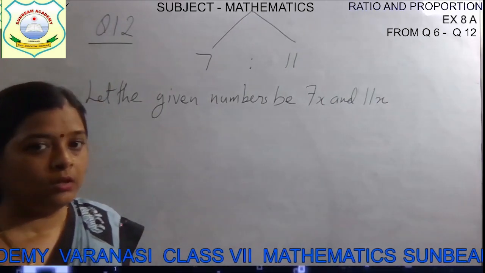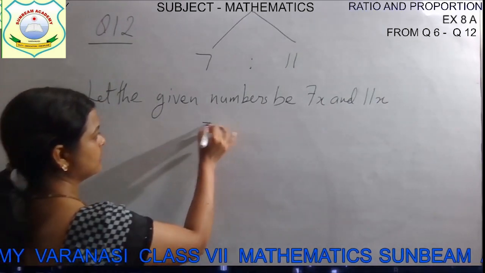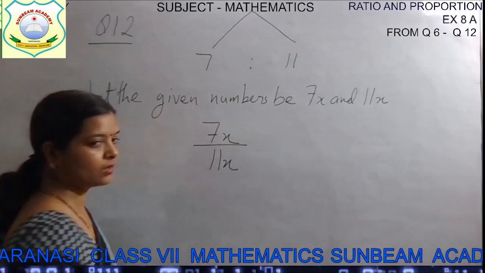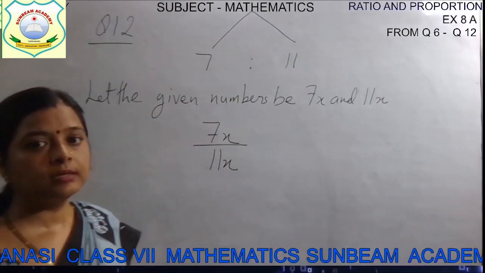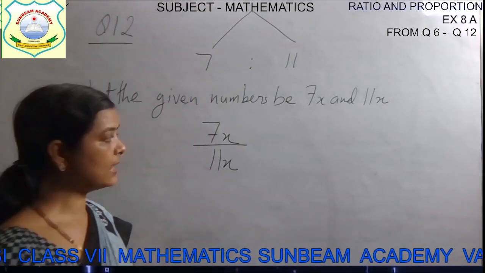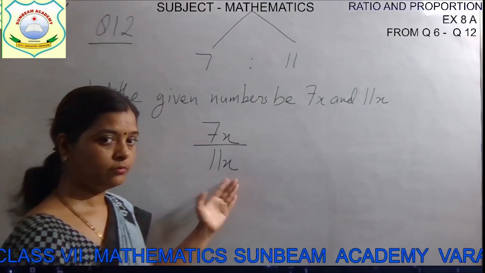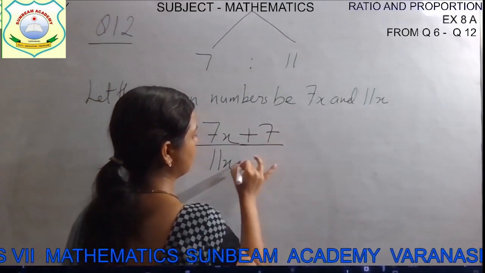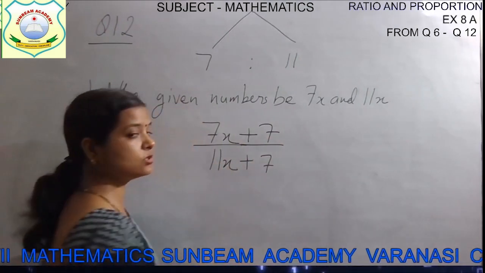Now the next part is, this is in the ratio, children, 7x to 11x. And when 7 is added to both, we have to add 7 here, as well as add 7 with 11x also.